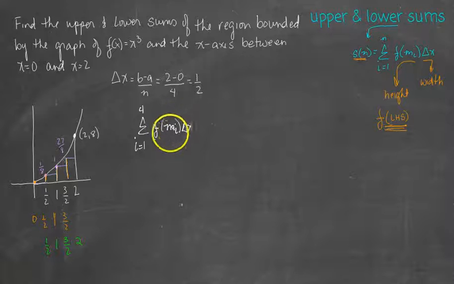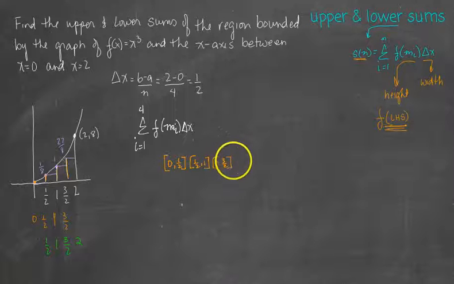So how would I find m sub i? I know the intervals I'm talking about are 0 to 1/2, and then 1/2 to 1, and then 1 to 3/2, and then 3/2 to 2.